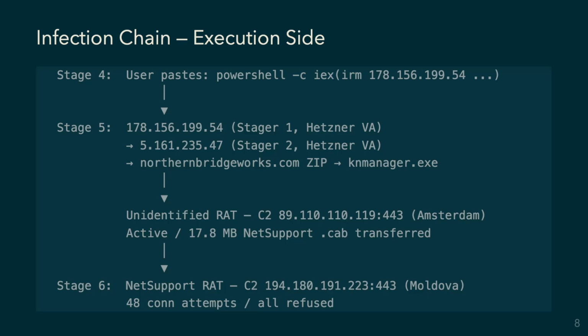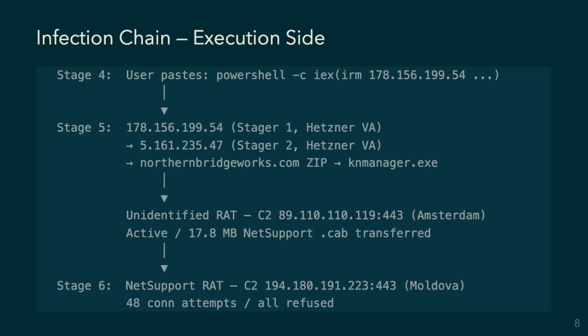This downloads a zip from a northernbridgeworks.com domain, and it extracts this new tool called knmanager.exe, and it launches it hidden, and then it deletes the zip and basically covers its tracks. It cleans up after itself. How considerate. So stage 5 is the knmanager.exe, and this is the unidentified RAT.